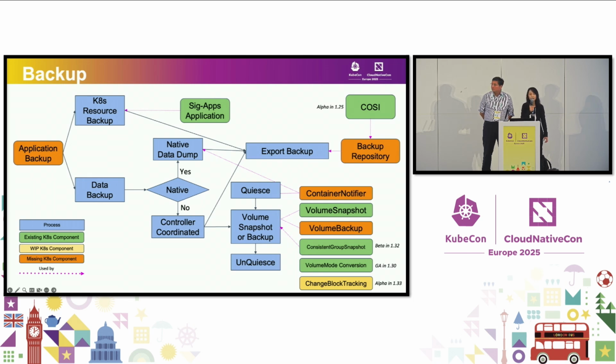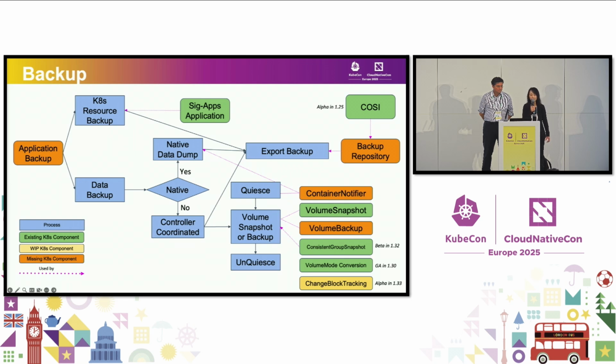We have consistent group snapshot moved to beta in 1.32. This allows you to create a crash-consistent snapshot of multiple volumes at the same point in time to ensure write-order consistency. We have COSI, the Container Object Storage Interface, that tries to bring object storage as a first-class citizen in Kubernetes that can be used to manage the backup repository.